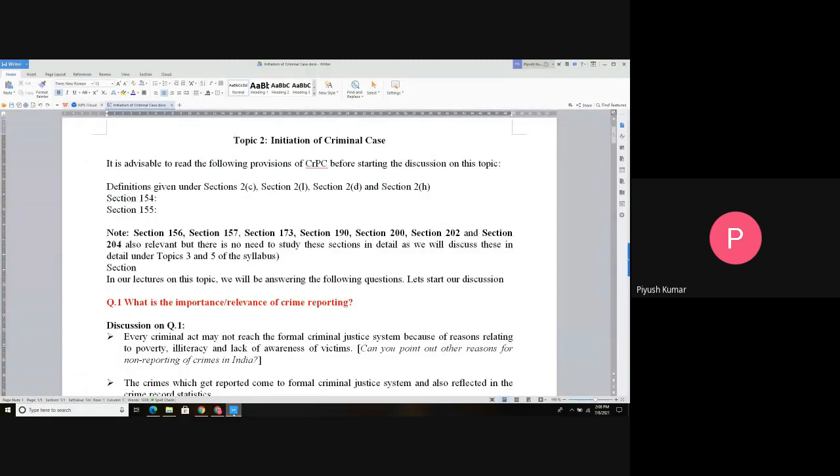Now, as far as the question of finding out which offense is cognizable and which is non-cognizable, we don't have to apply our mind to it. The draftsman of the code has provided a list of the offenses which are cognizable and which are non-cognizable under First Schedule, Part 1 of CrPC.